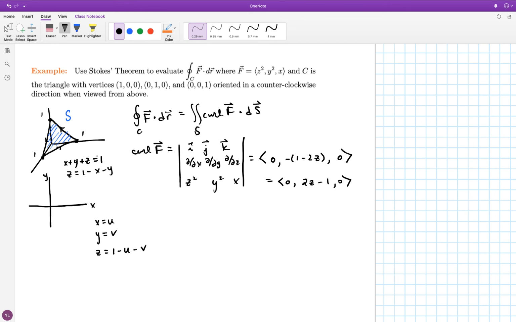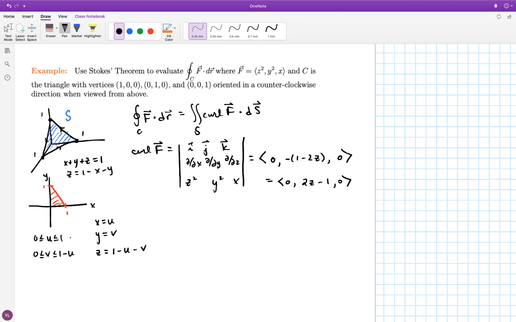So this is a parameterization of that plane, and the xy plane is the same as the uv plane. And so this surface lives above this triangle in the xy plane. So I want to bound the parameters appropriately. So u or x goes between 0 and 1, and then v goes between 0 and 1 minus u, like that.